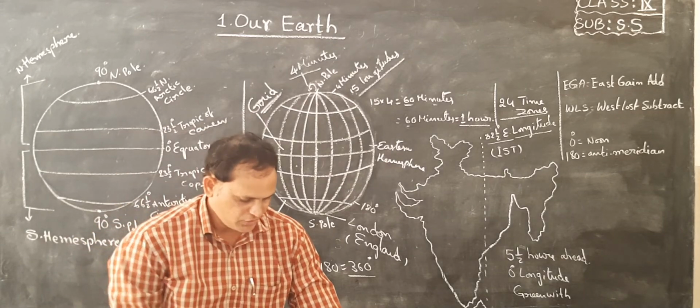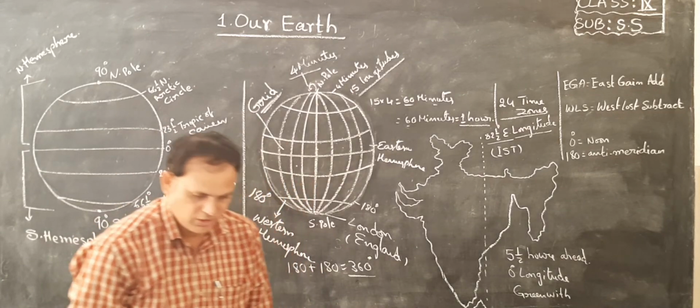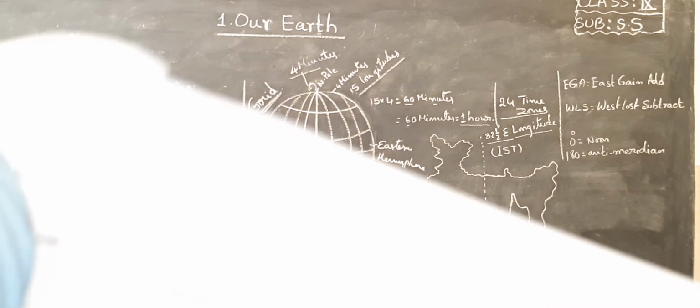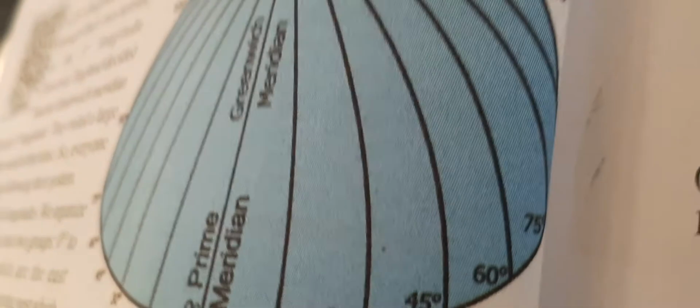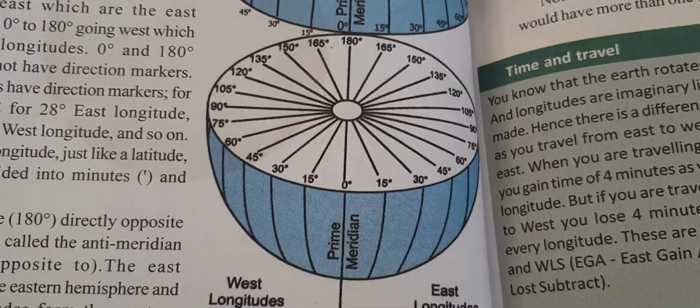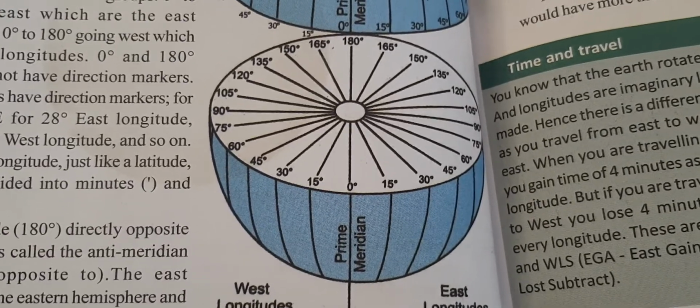Now I want to show you, children, in your textbook. You come to page number 10. Now this is longitudes. Look at the prime meridian, 0 degree. The opposite to it is 180 degree, children.